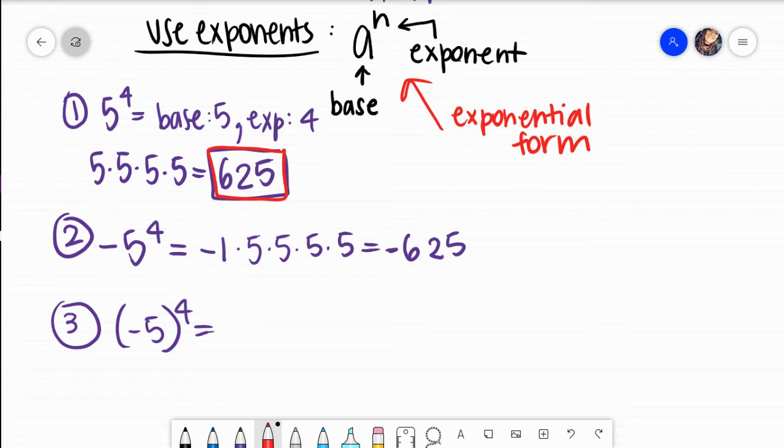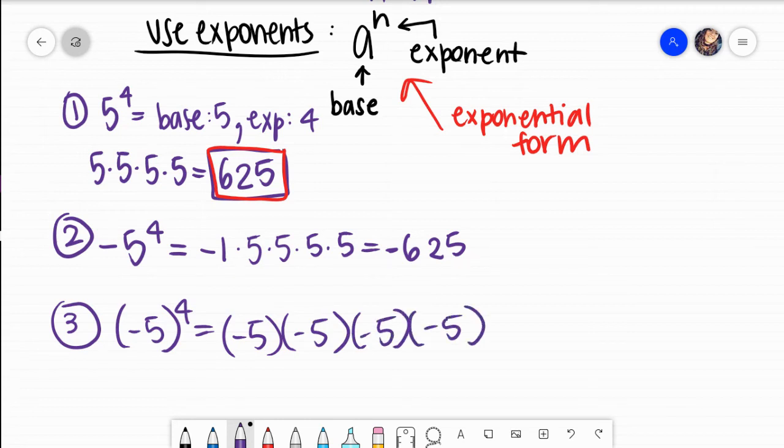So what you would do here is follow the rule right here. When you look at your exponent, because it's being raised to the 4th power, what I'm doing is taking negative 5 times negative 5 times negative 5 times negative 5. Well, y'all, 5 times 5 times 5 times 5 is 625, correct?